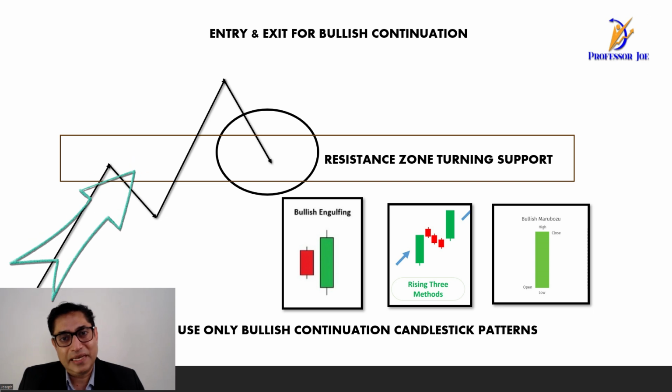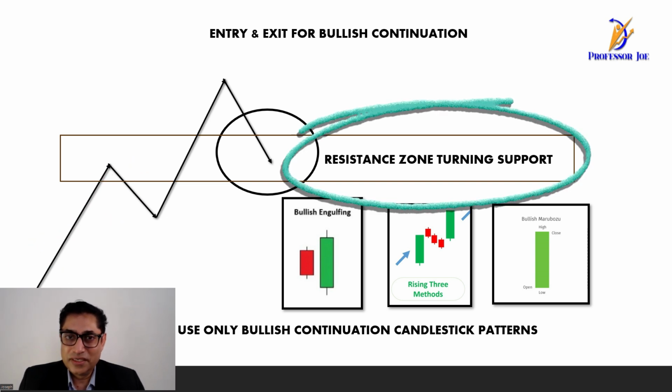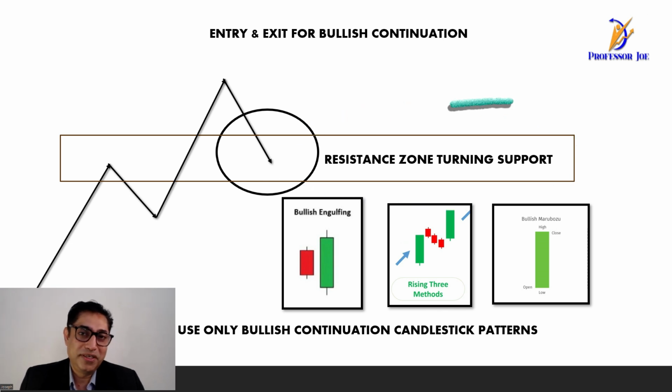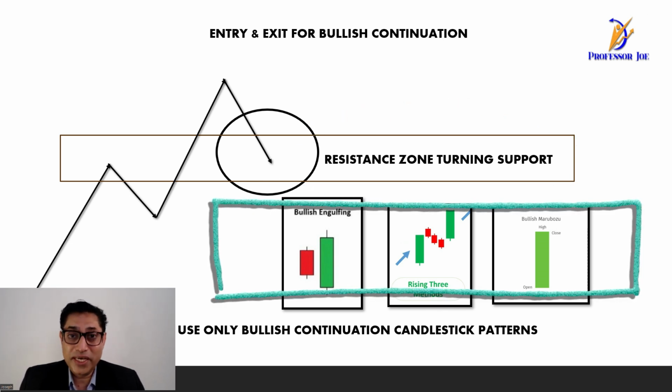And the bullish entry is the same. The price goes up, creates a resistance zone. The price comes down, then breaks the resistance zone and comes back again into the resistance zone, which has now become a support zone. In this area, if you are looking for bullish candlestick patterns, which are continuation patterns, you can enter the trade from here.